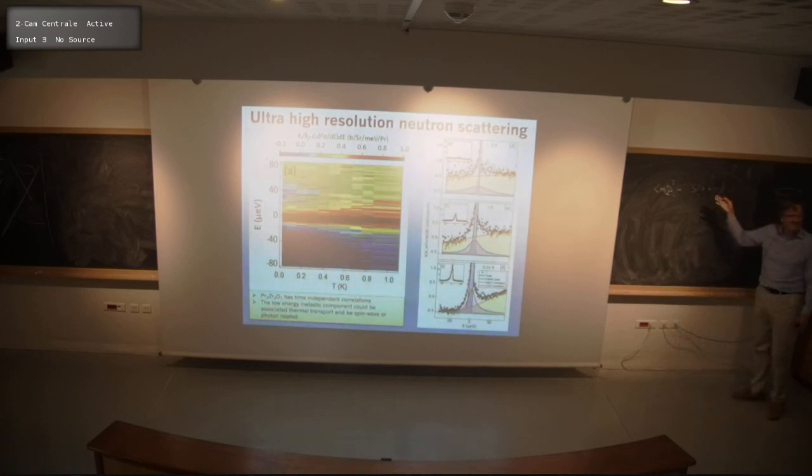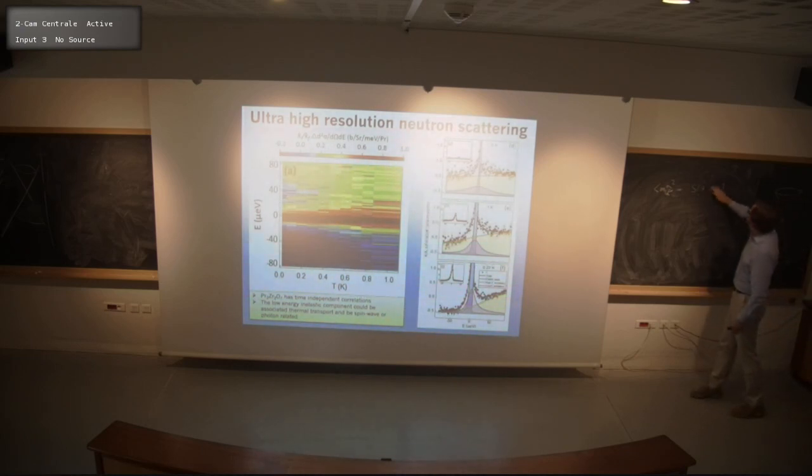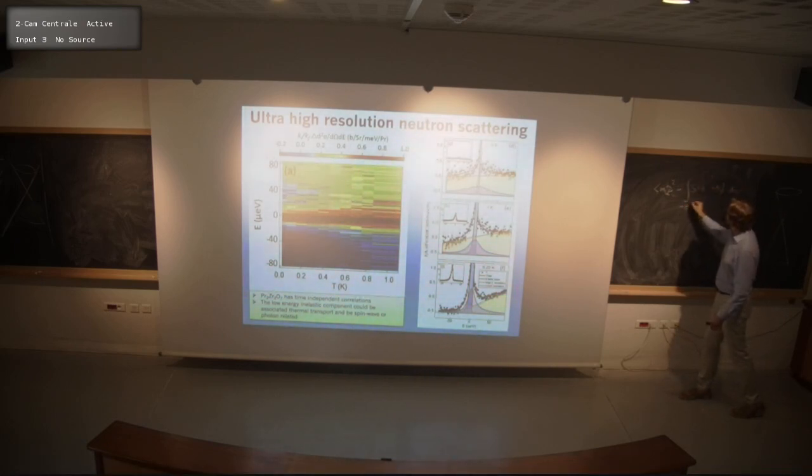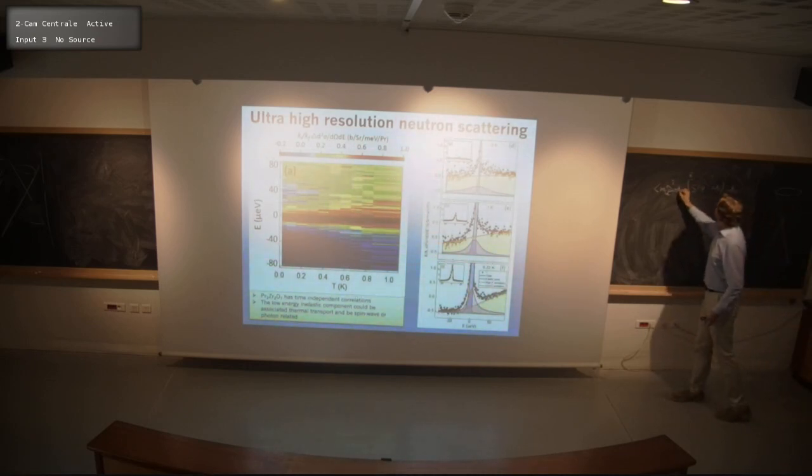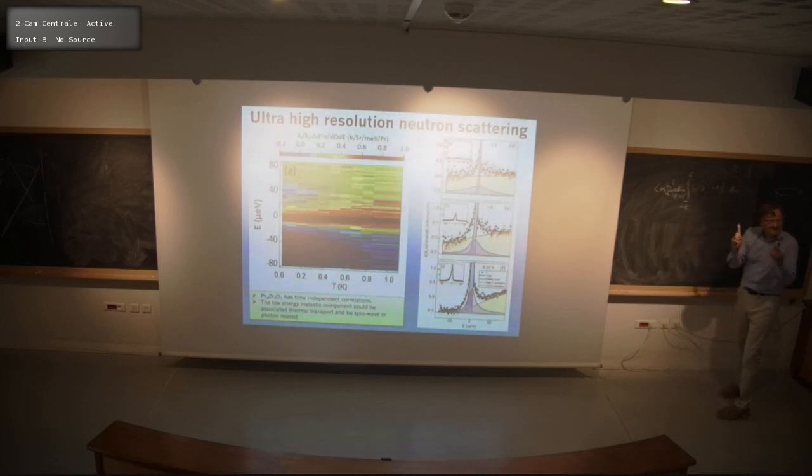But that's not a healthy definition because I'm doing an experiment, so I have a certain resolution involved. So instead, I should be looking at S of Q and omega, but then maybe integrated from some minus epsilon to epsilon. If I'm still doing the mathematics of it, then I would like to take the limit for epsilon going to 0 plus. So I want to just take a little integral in there.